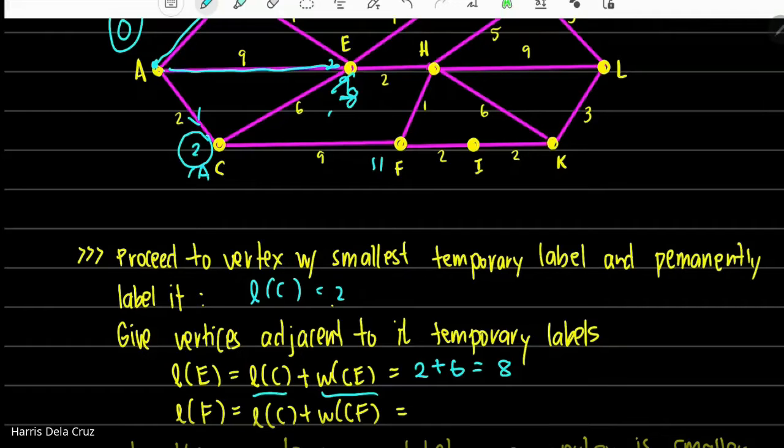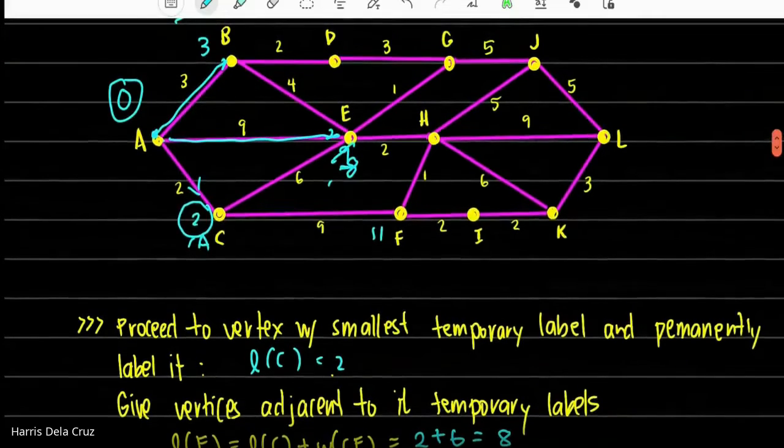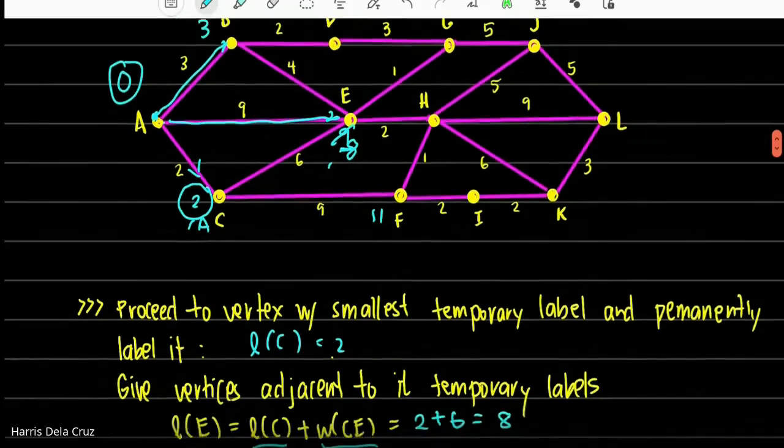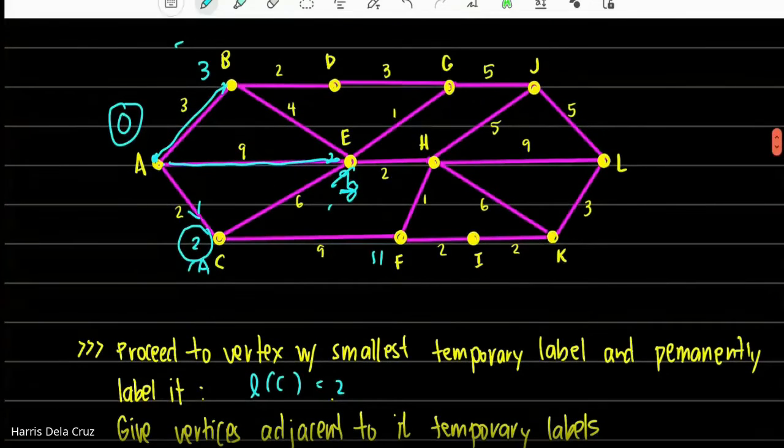So, that's the temporary weight ni F. So, titingnan mo ngayon yung na-labelan mo na. Okay? Tapos, this time, magpuproceed ka dun sa pinakamaliit na value ulit. Now, pag tinignan natin yung value na meron tayong 3, meron tayong 8, meron tayong 11.